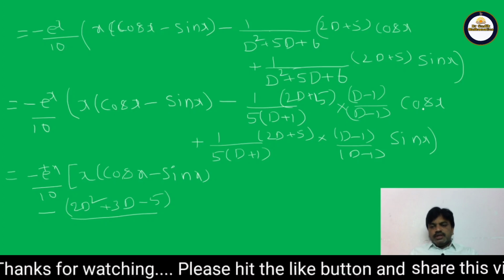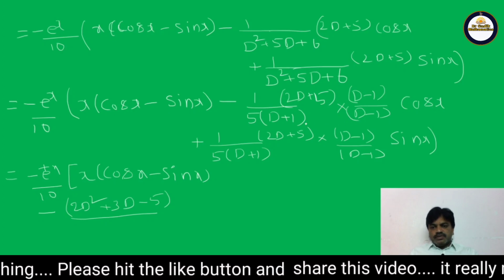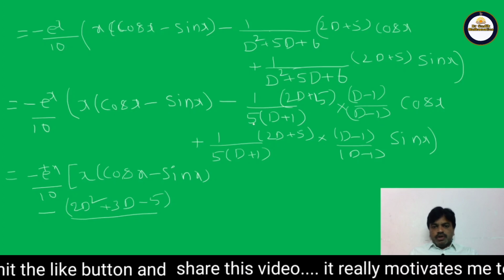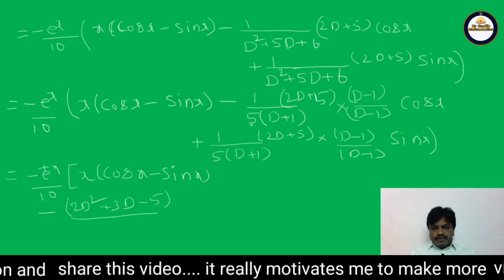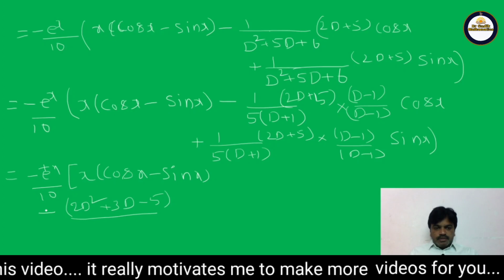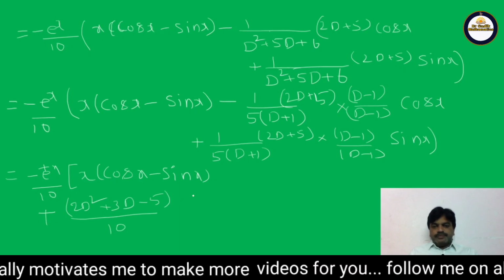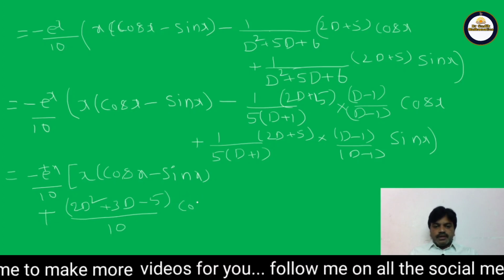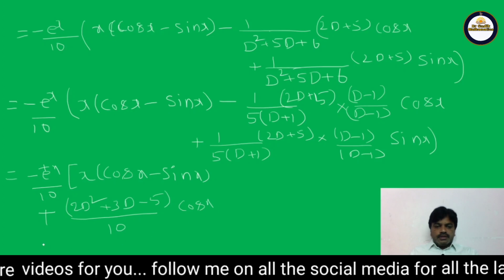So here replace d square by minus 1: minus 1 minus 1 is minus 2, minus 2 into 5, I get minus 10, so minus into minus is plus 10. We get here cos x.